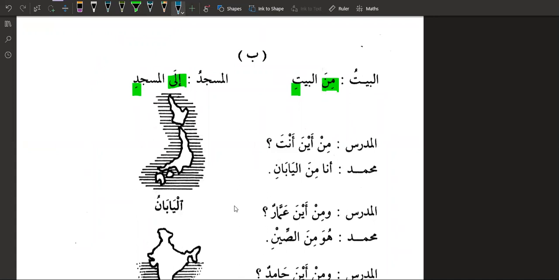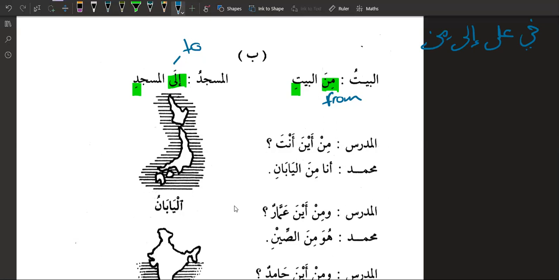So what we picked up from the last lesson is fi and ala, and now we are doing two more prepositions. The first one is min, which means from, and then ila al-masjidi means to. So we've done fi, ala, ila, and min.